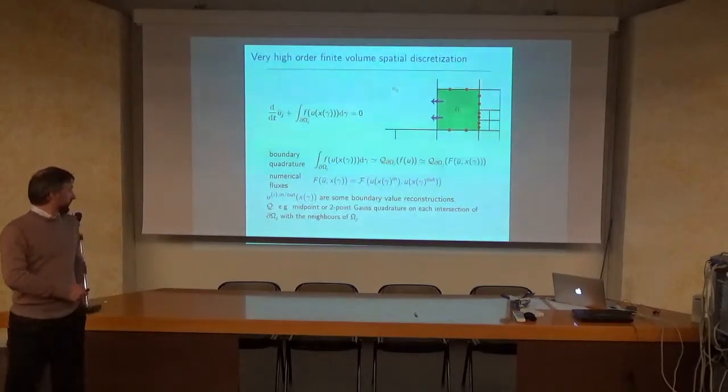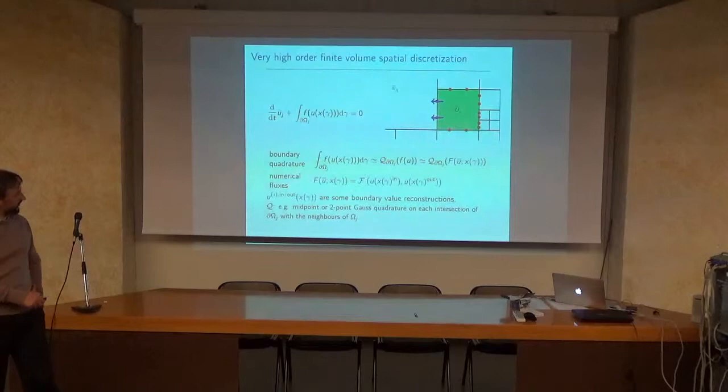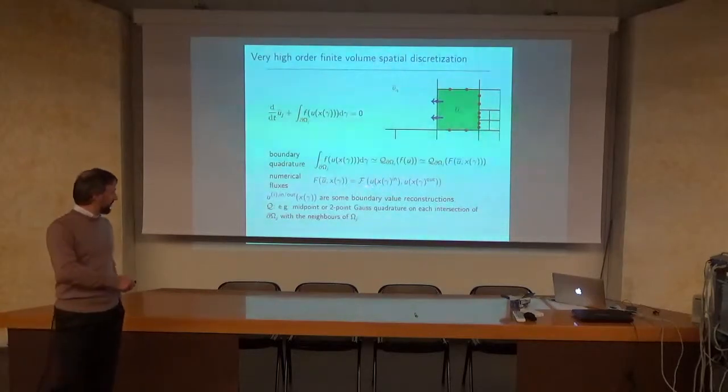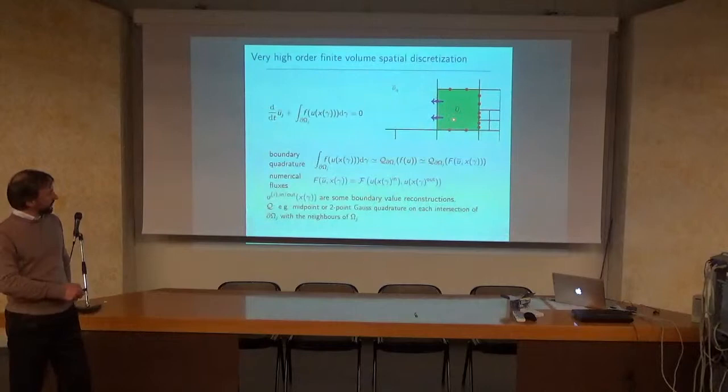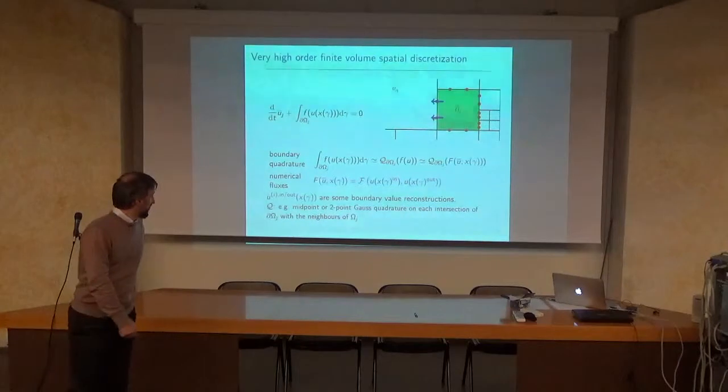We get away with the numerical flux, which in turn depends on the reconstruction of the point value of the function. So we must have a way to turn the information on cell averages in here and in all the neighbors into point values approximated at the quadrature nodes.